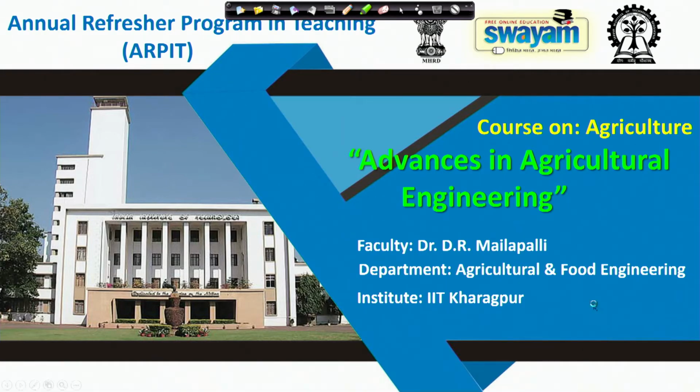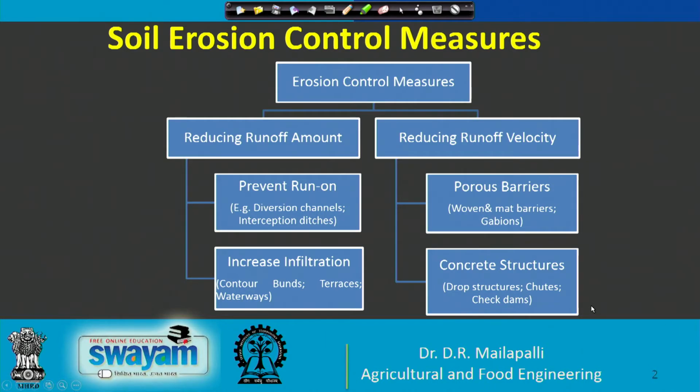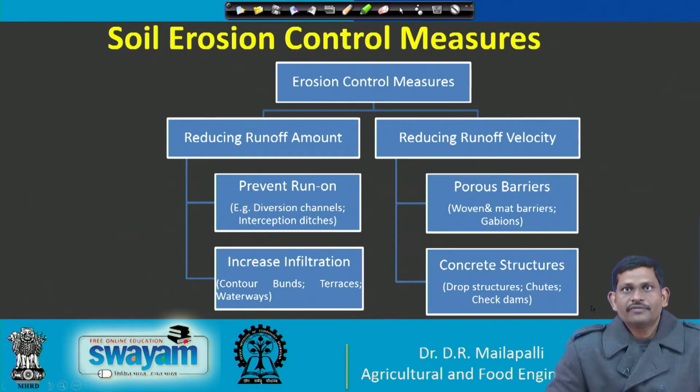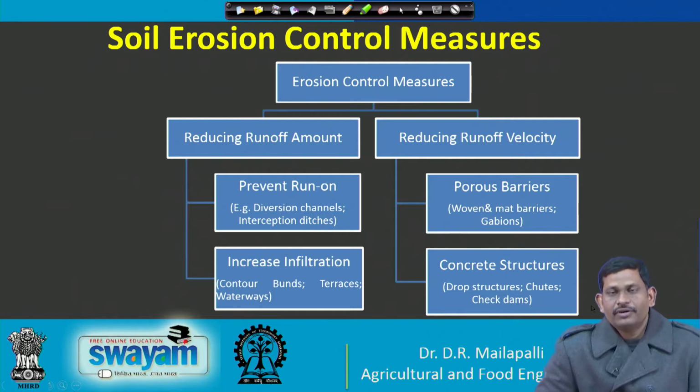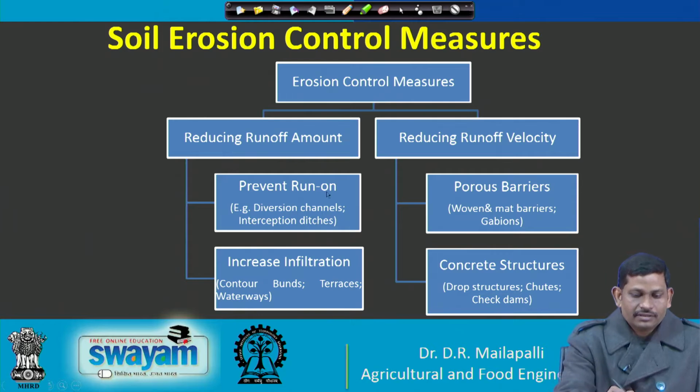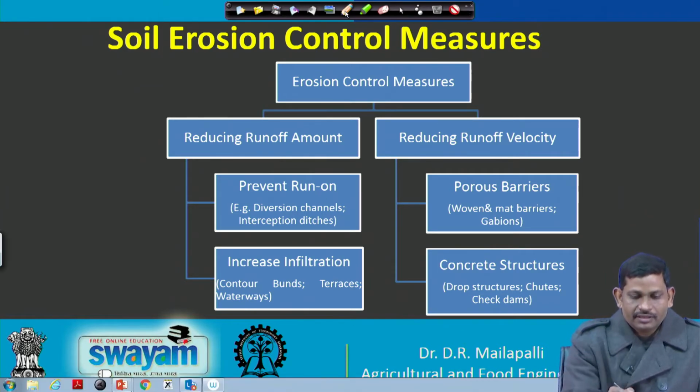Soil erosion control measures are broadly classified into two: reducing the runoff amount and reducing the runoff velocity. Under reducing runoff amount, one is preventing run-on.